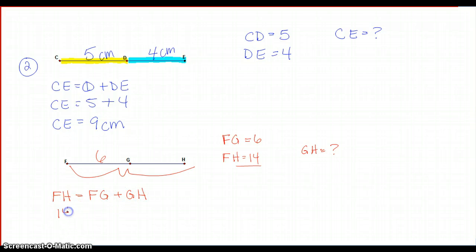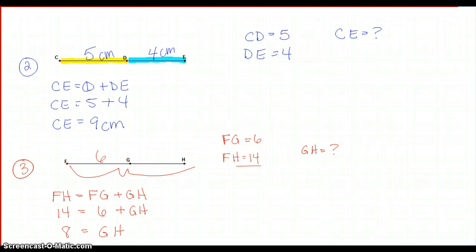Well, FH was 14, FG is 6, and GH is, well, we don't know. That's what we're trying to find. But using algebra, if you subtract 6 from both sides, you know that GH is 8 units. So those are 3 different ways to use the segment addition postulate.